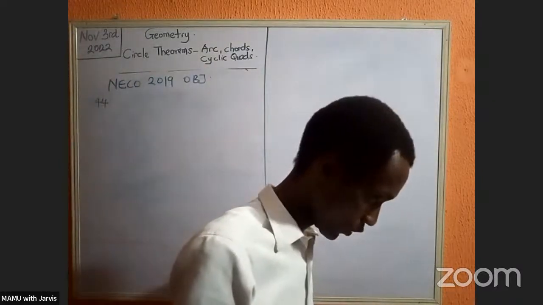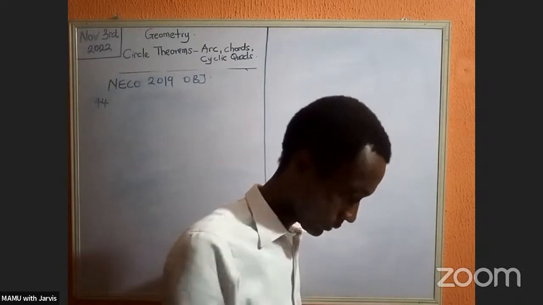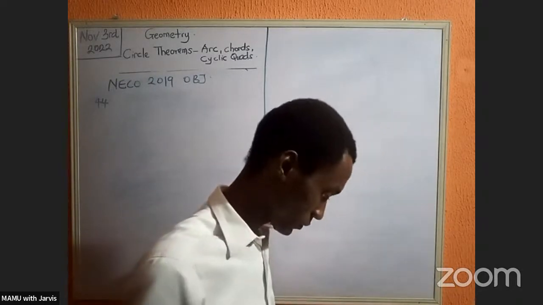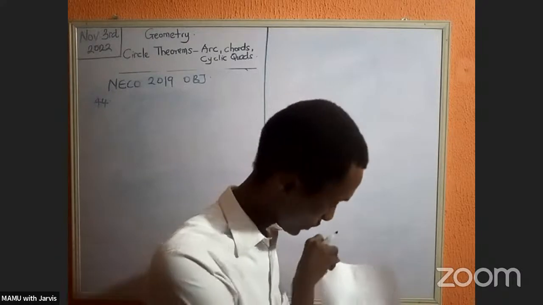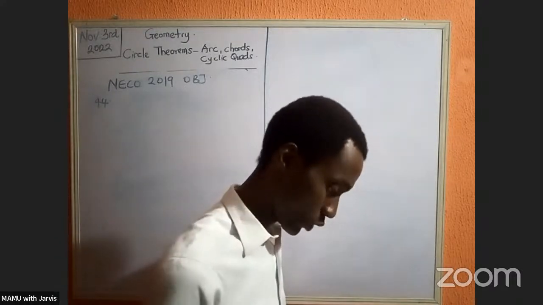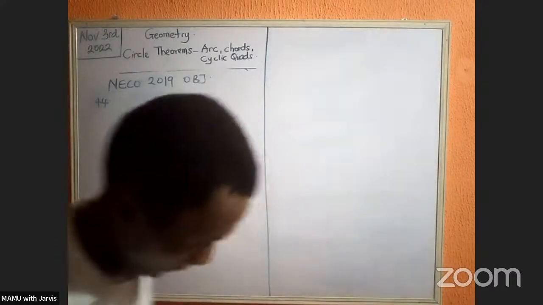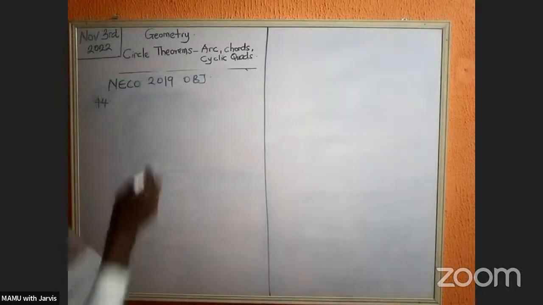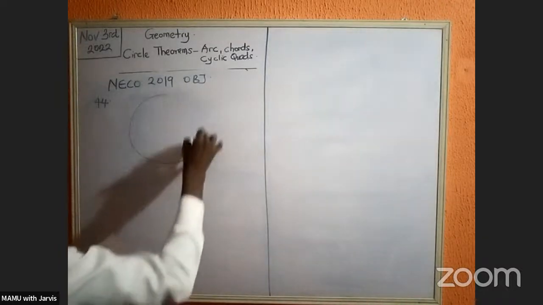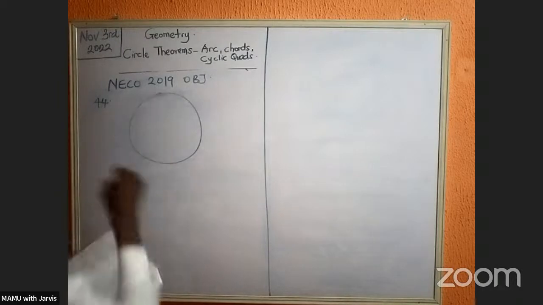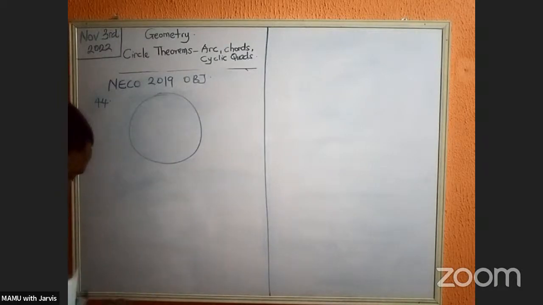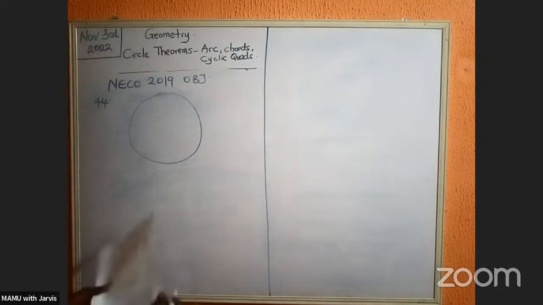NECO has a very funny way of setting its questions. Just to be sure that I've not left any behind. All right, so with that said, I'm going to try to draw this.